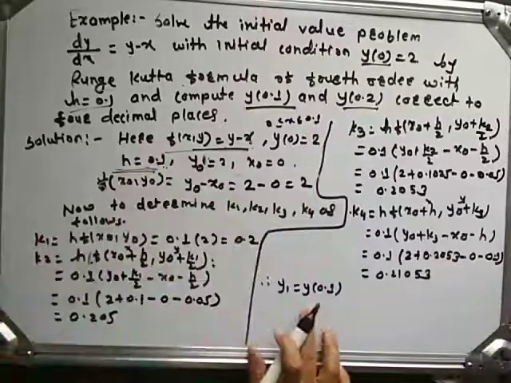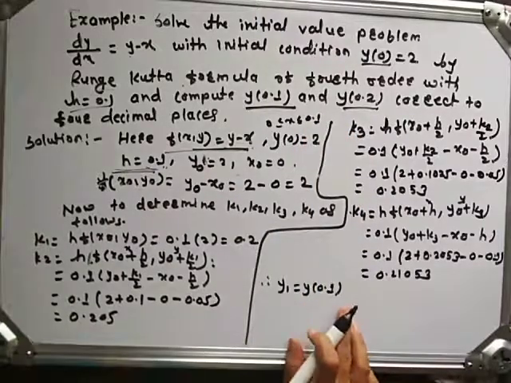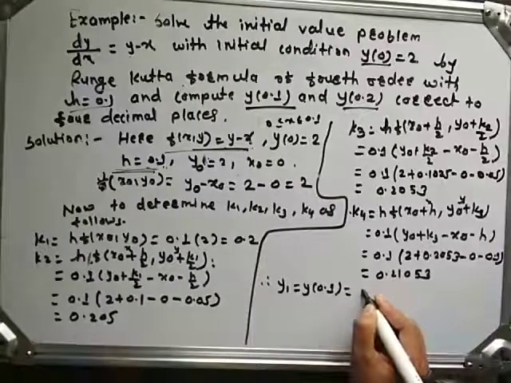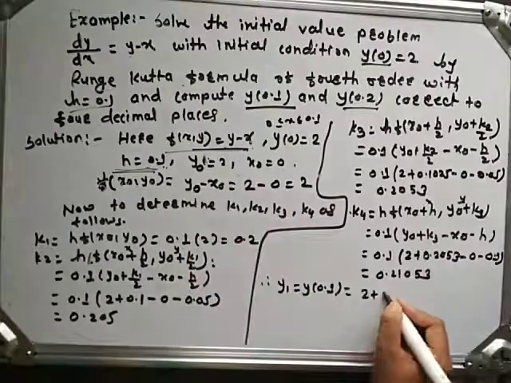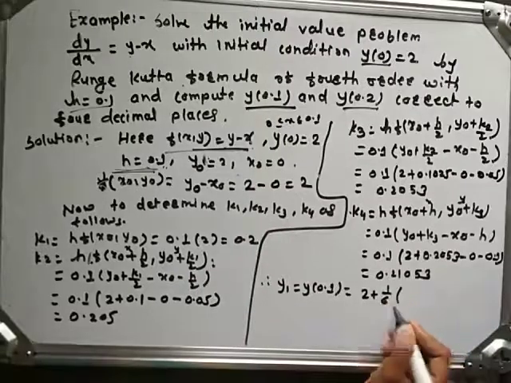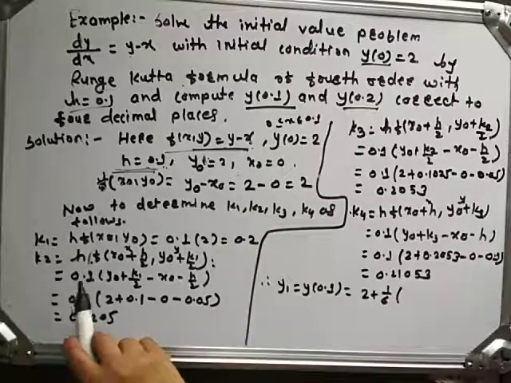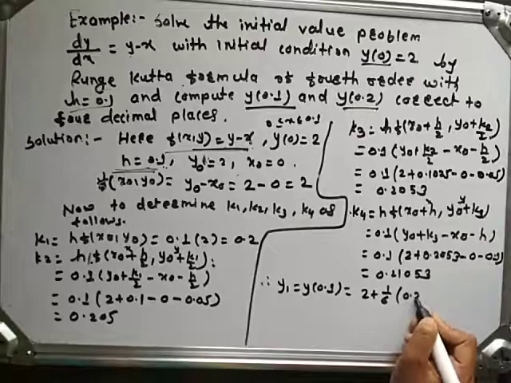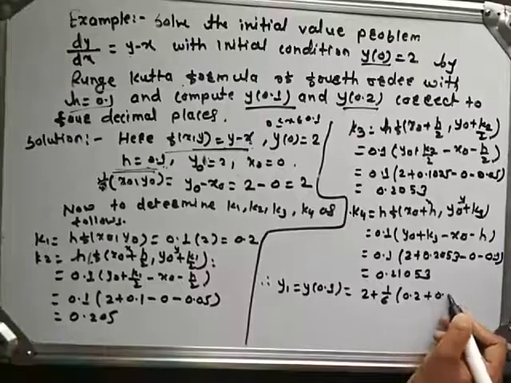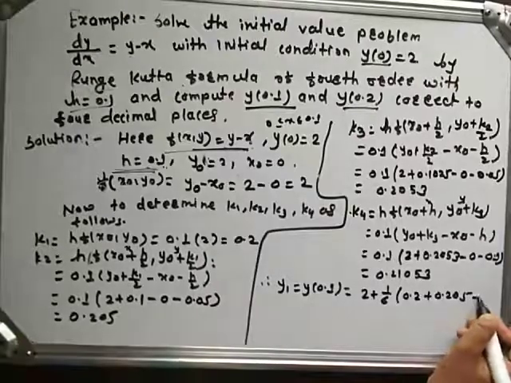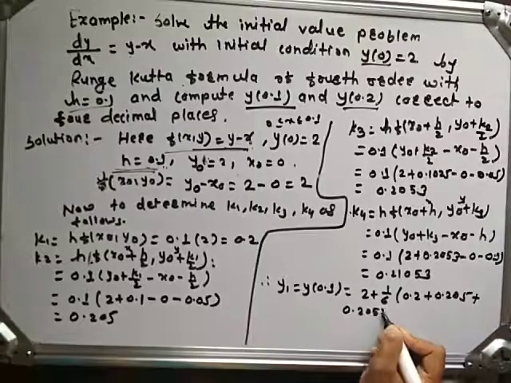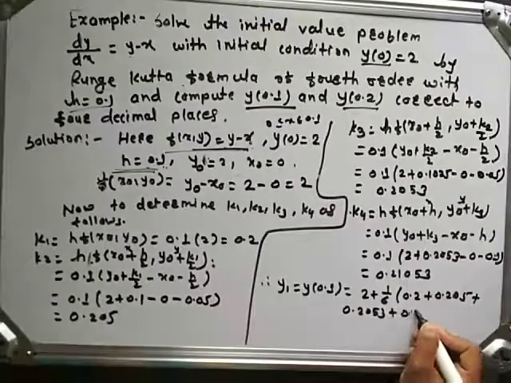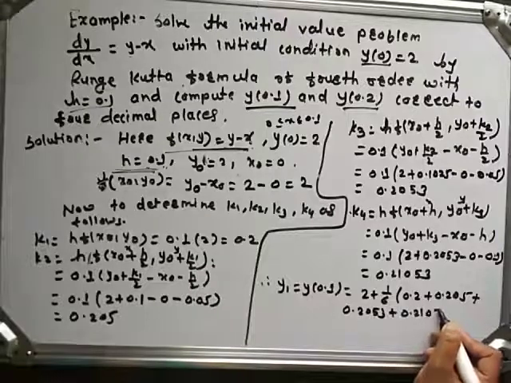That's why y1 is equal to y of 0.1 is equal to, what is y0 here? 2 plus 1 by 6 into k1 is 0.2, k2 is 0.205 plus k3 is 0.2053 plus k4 is 0.21053.